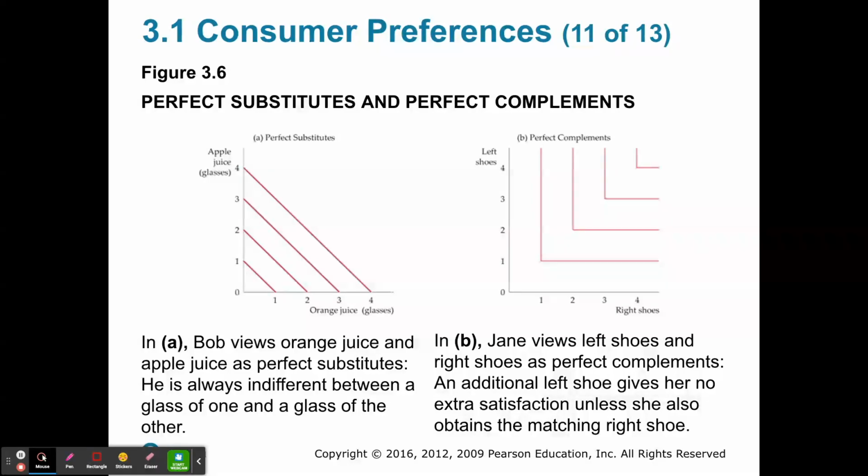Consuming more apples or more oranges does not diminish the marginal utility. The trade-off is always the same between the two.